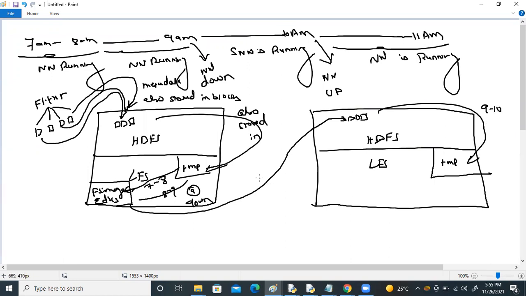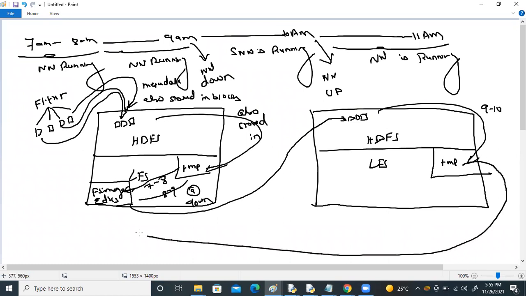At 10 o'clock when the name node is up, it is going to copy this into the FS image. Again from 10 to 11, it's going to update. This is from 9 to 10.